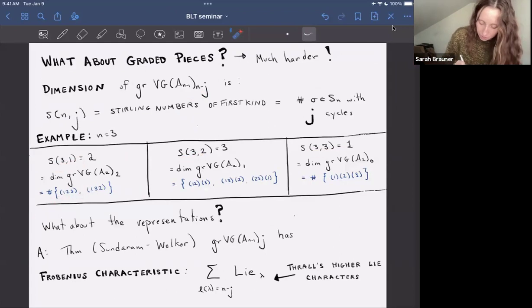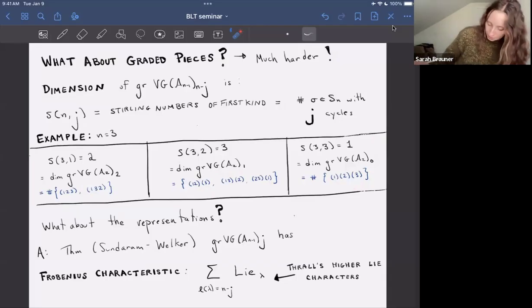For example, this is the number of permutations that have 1 cycle. There's 2 of them, and this is the dimension of the degree 2 piece of my ring. The number of permutations that have 2 cycles, there's 3 of them, and this is the dimension of my degree 1 piece, and similarly, the dimension of my degree 0 piece is just going to be the identity.